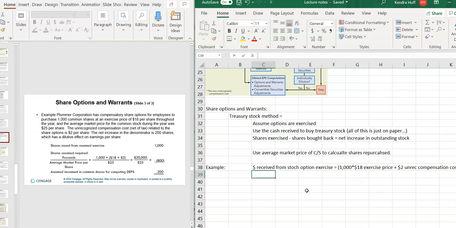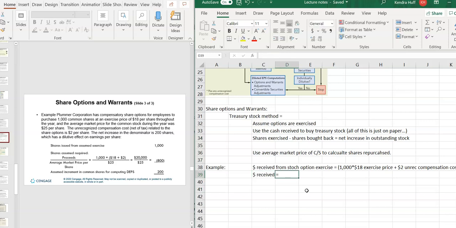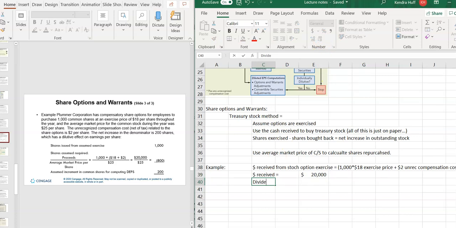All right, so my dollars received is going to be 1,000 times 20. All right, so I'm going to get $20,000. All right, I divide that by the average market, which is $25.